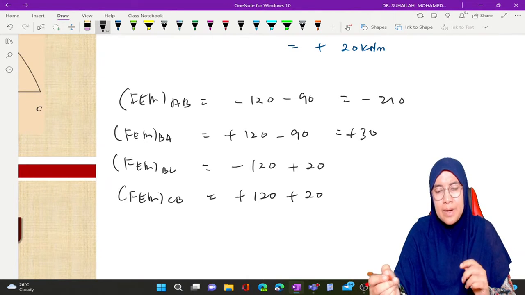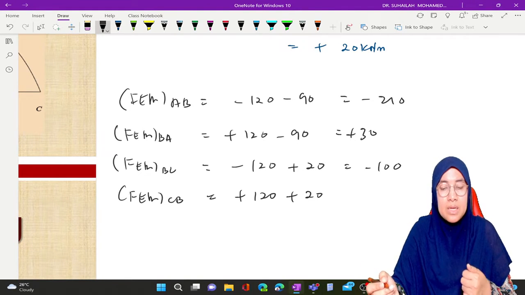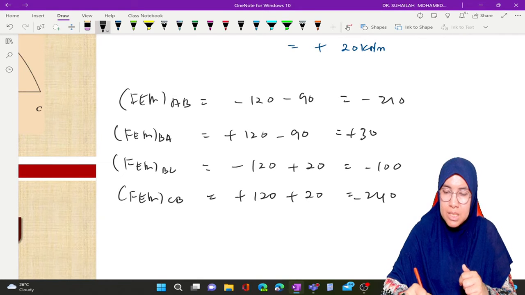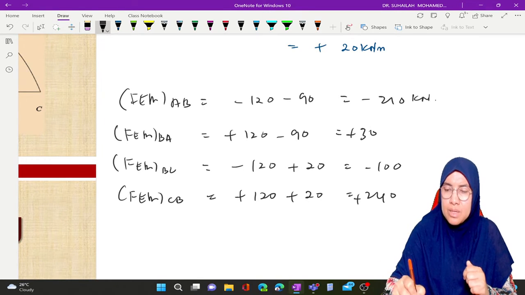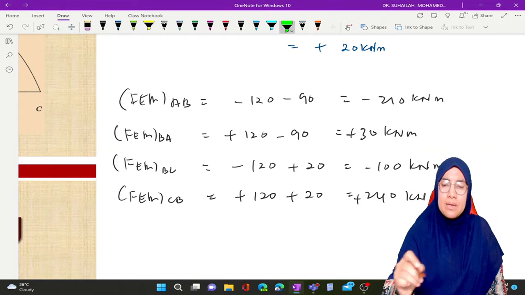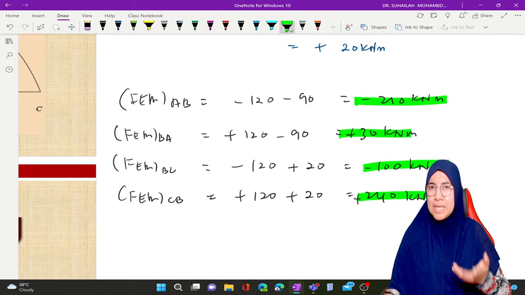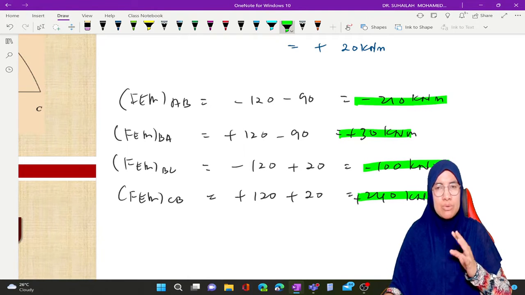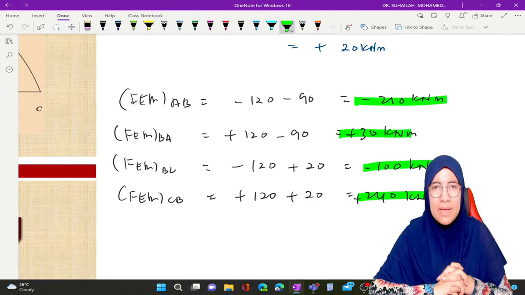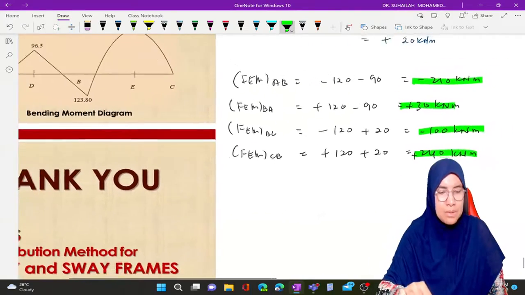FEM BC we get negative 100 kilonewton meter, and we get positive 240 kilonewton meter. Okay, so this will be the FEM combination: FEM due to external loading and FEM due to support settlement. Okay, so what next?